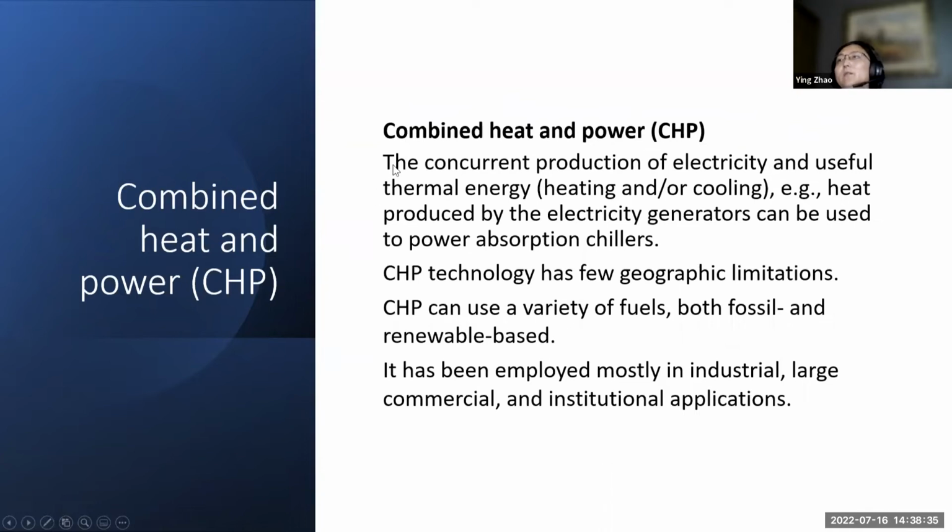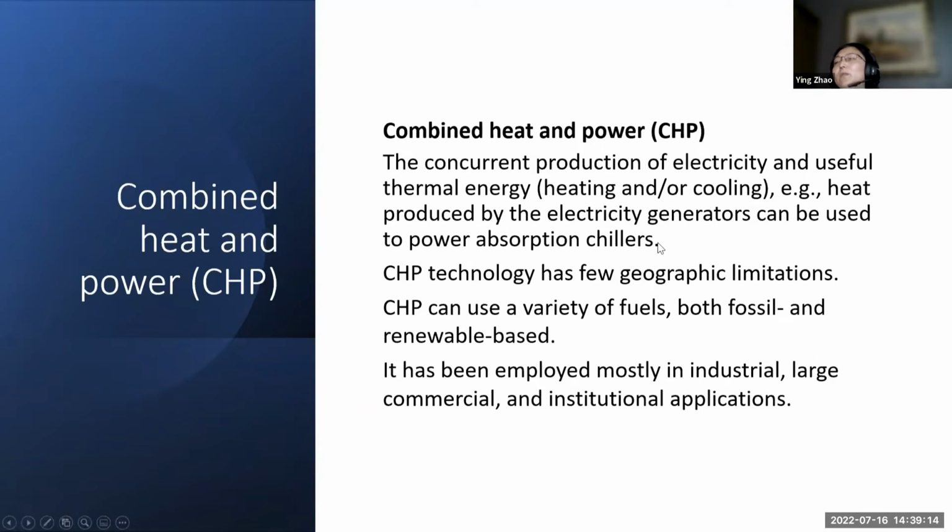Another efficient strategy for the district, campus, or those central plants is combined heat and power. They will include a generator in this central plant. Because when a generator generates electricity, it generates a lot of thermal energy. Typically that would be wasted because it's not used. But if they combine it with the central plant, it will be used.